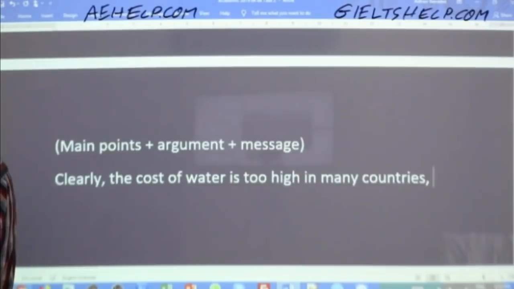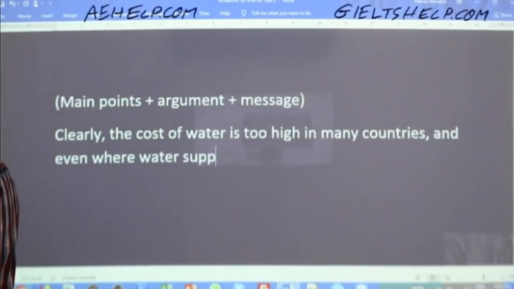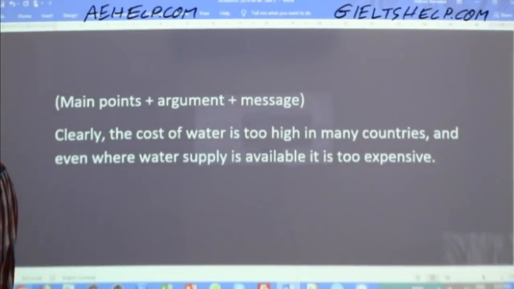Clearly, the cost of water is too high in many countries. And even where water supply is available, it is too expensive. Okay?